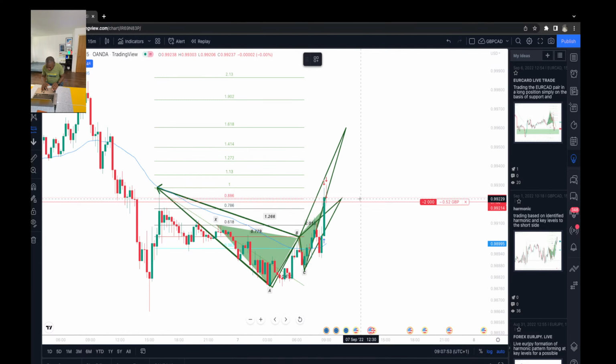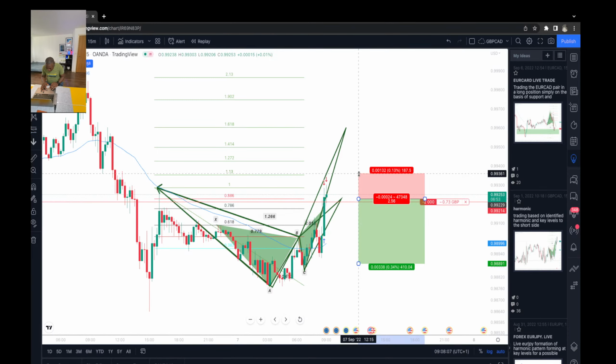I believe I'm looking for about 20 pips or so, 21 pips. So I'll put my stop loss around there. As you can see, I don't have any stop loss for this particular trade at this particular time. Let me see.